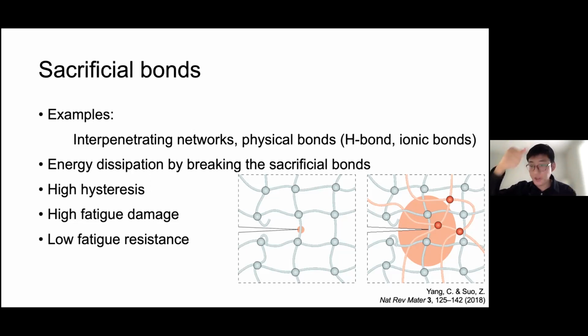However, it is also a dissipating mechanism and results in a huge amount of hysteresis in the loading and unloading curve. Again, it suffers fatigue damage, and fatigue resistance is relatively low.